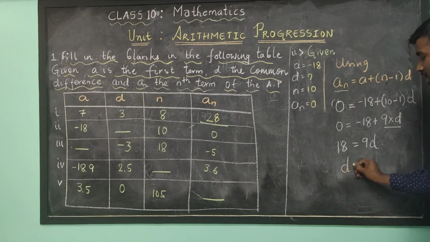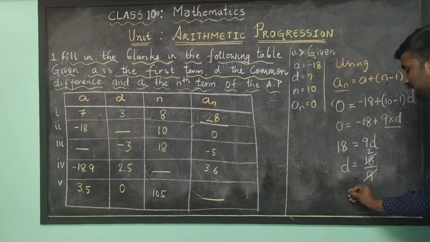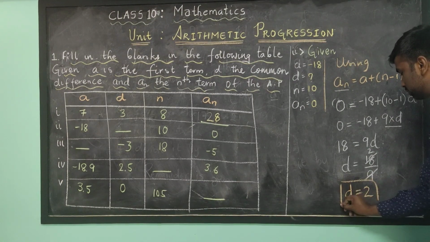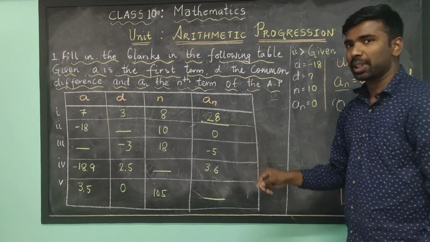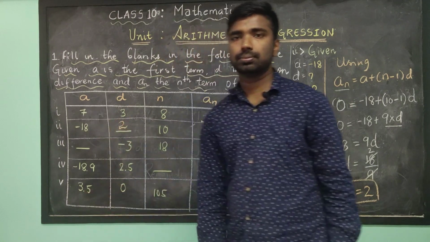Now d equals 18 divided by 9. 9 ones are 9, 9 twos are 18. Therefore, d equals 2. Now I'll fill the place: d equals 2.